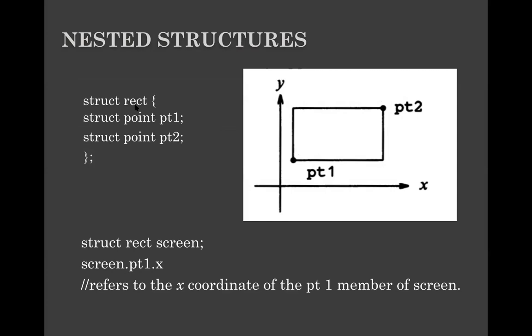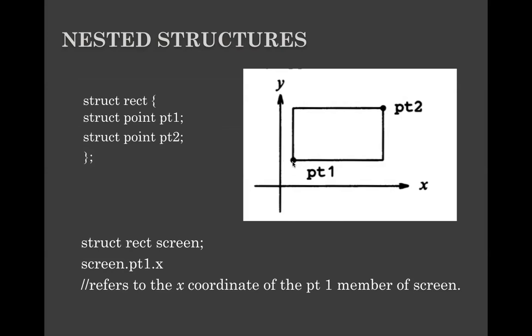Now, how do I declare a rect variable? Struct rect, the variable name screen. So this screen variable will contain PT1 and PT2. PT1 contains X and Y, PT2 contains X and Y. So now how do I access this?